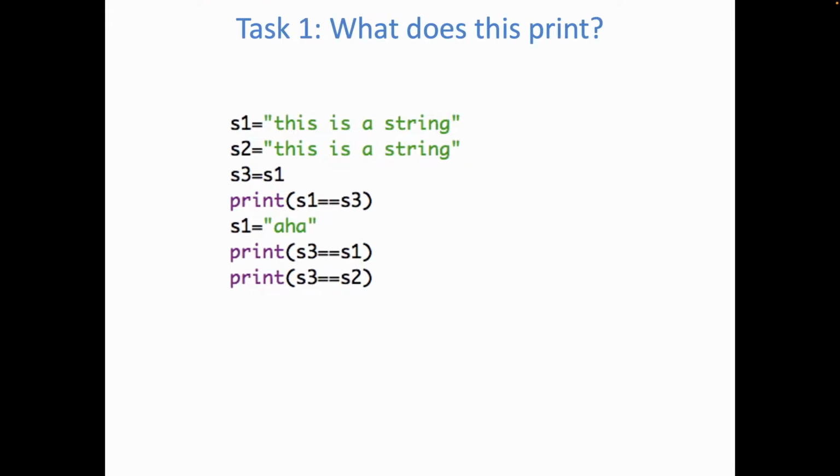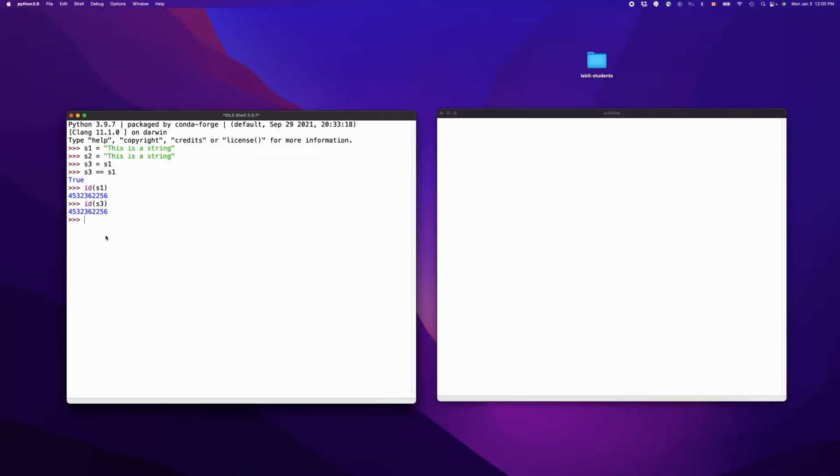But after this, we assign the string "AHA" to the variable s1. Then we can see that the memory location that the variable s1 points to changed. So here, if we compare s3 and s1, it is false, because s3 still contains the value "this is a string", but s1 now contains the value "AHA".